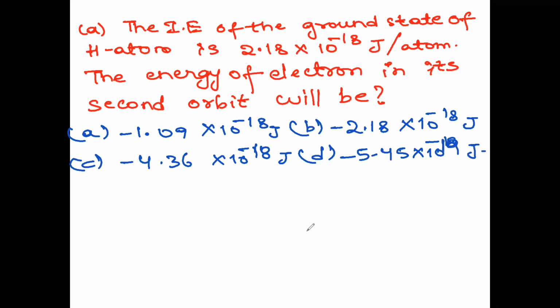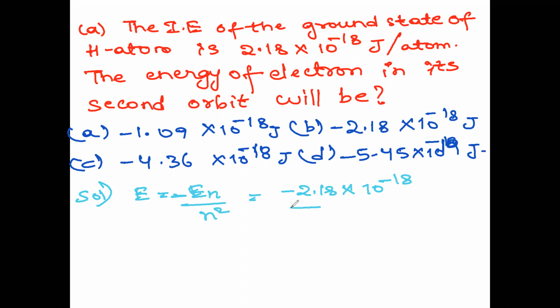So how to calculate this type? Because they have given the energy in the ground state, the energy of electron in second orbit: E is equal to minus E1 by n square, where E1 is the ground state energy. So here that is minus 2.18 into 10 to the power of minus 18, the ground state energy already given, divided by n square.